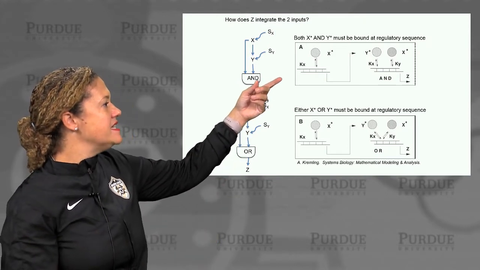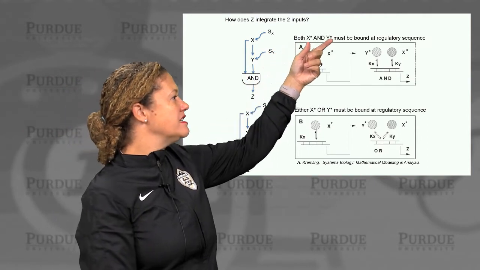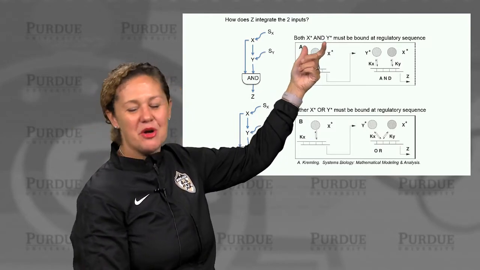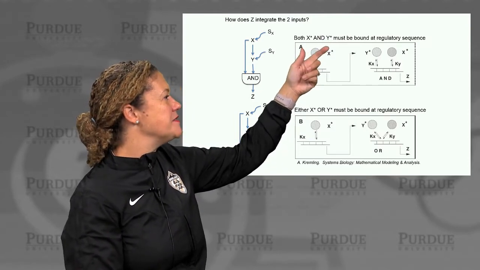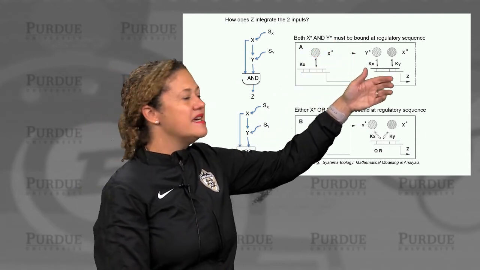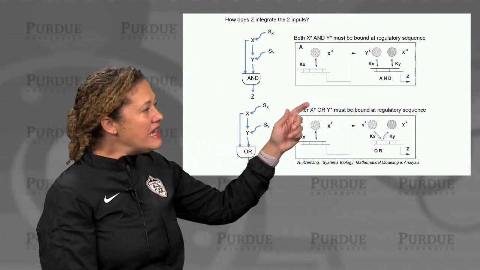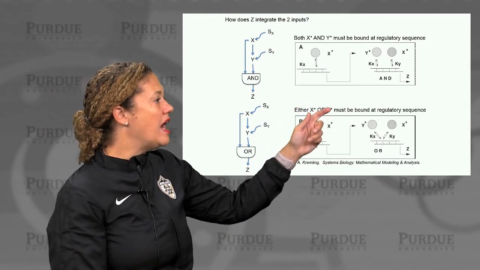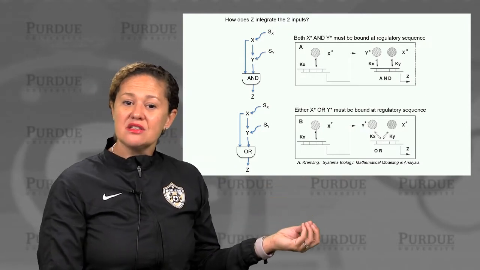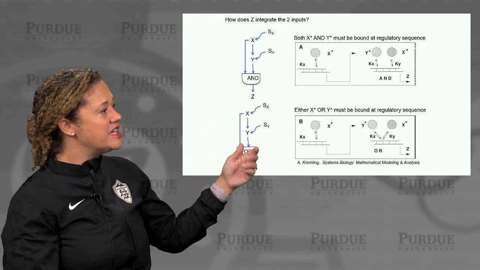So in the case of AND integration, both our active transcription factors, they could both either be activators or repressors, but both must be bound at the regulatory sequence to have the effect. Okay? Whereas in OR integration, either X or Y need to be bound at the regulatory sequence. So either X or Y. And so this is one way in which we can get AND or OR integration at the Z gene.